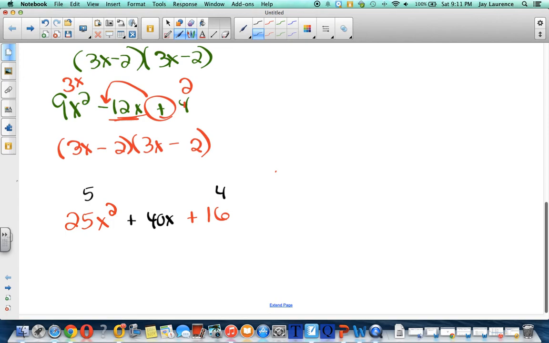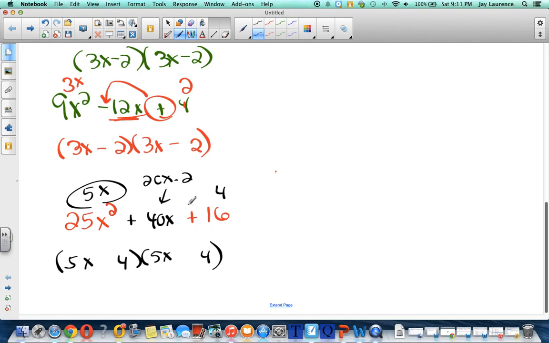Square root of this would be 5x. If I multiply them together, I get 20x, right? Times 2 is 40x. If that's the case, I take this square root, 5x. He leads both quantities. I take this square root, 4. It closes both quantities. Plus in the back is a Wendy's double stack. They're both positive. Boom, boom. Perfect square trinomial. Pretty easy stuff.